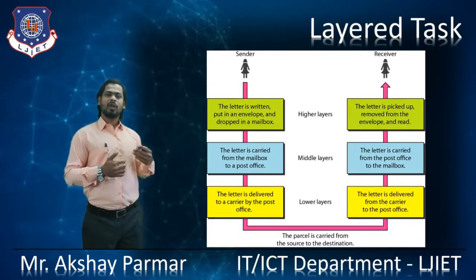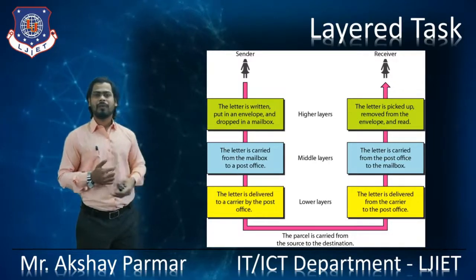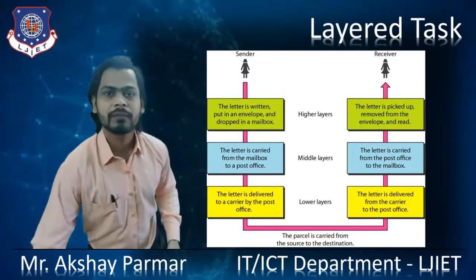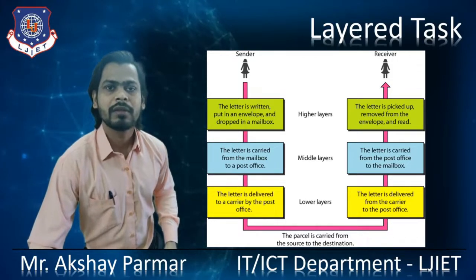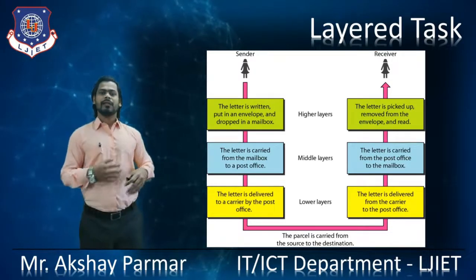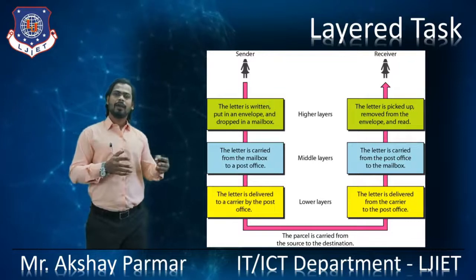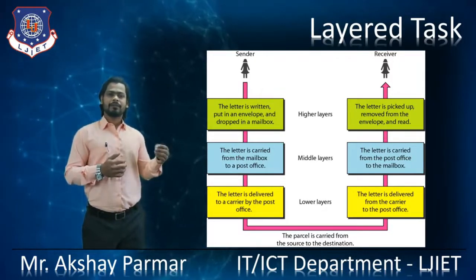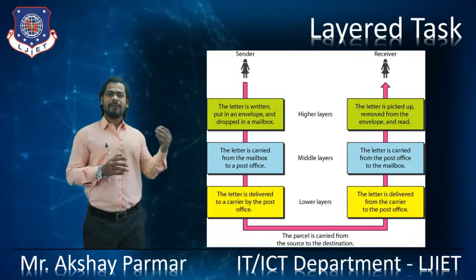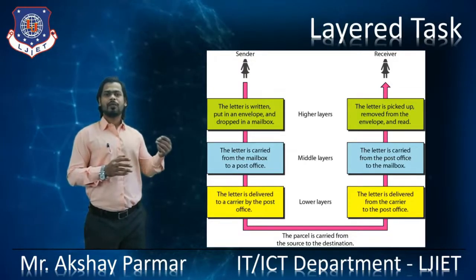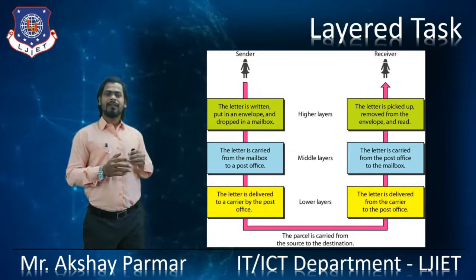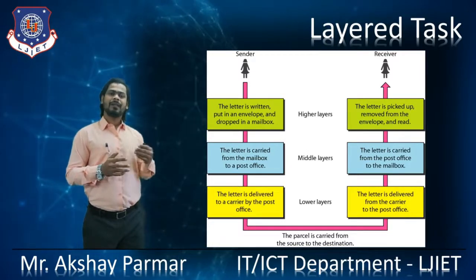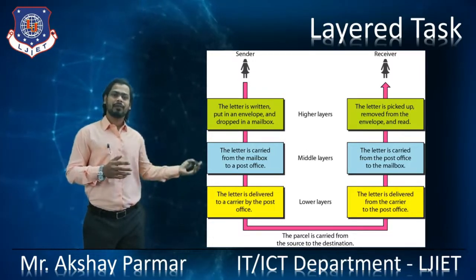After that, the lower layer task is performed. In that, the envelope which has reached the sender's post office will be carried in the physical medium to the receiver's post office.